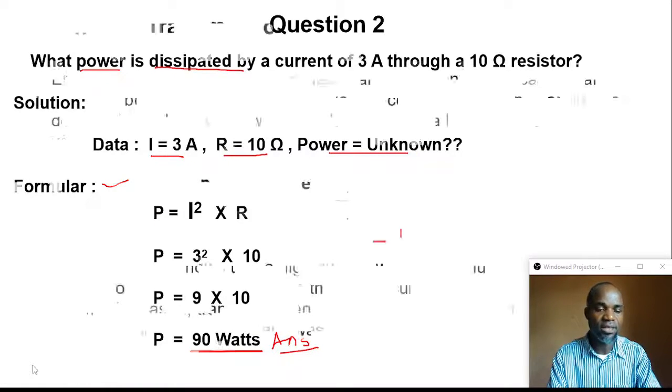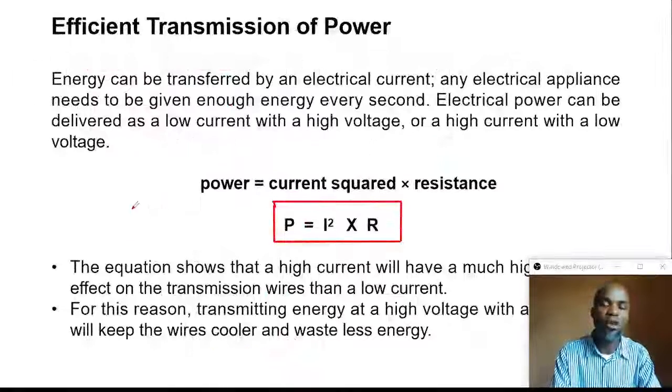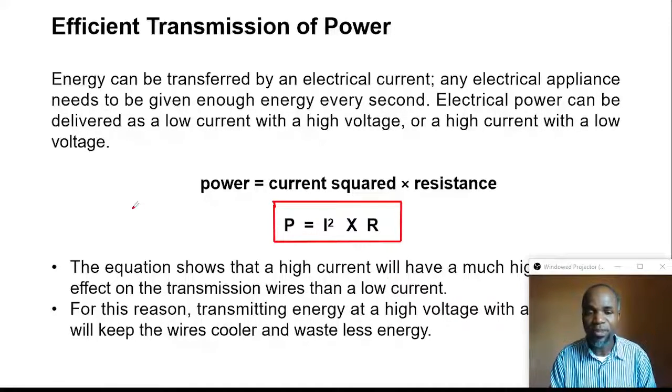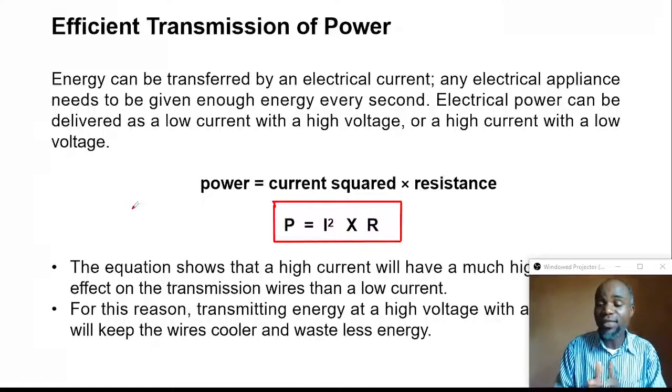We have the next slide, which is a sort of summary of what efficient transmission of power is all about. Energy can be transferred by an electric current. What does it mean? Each time current flows, some amount of energy is transferred.